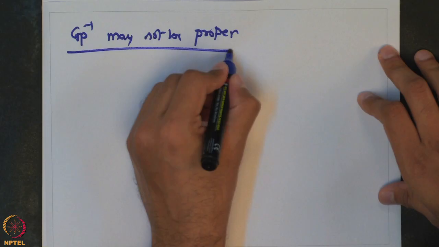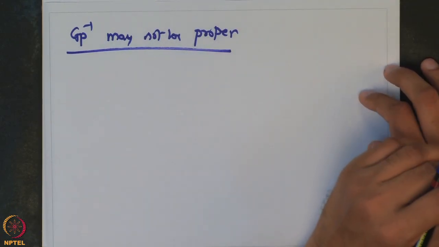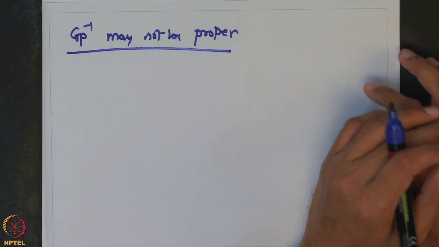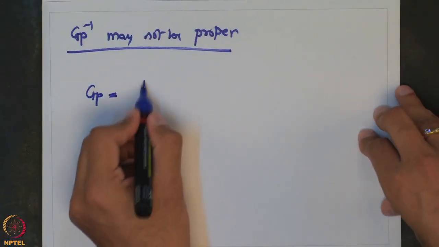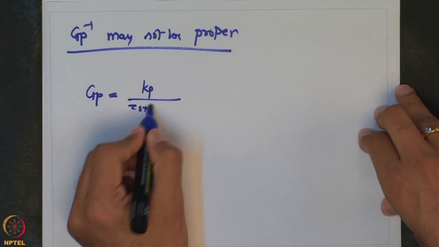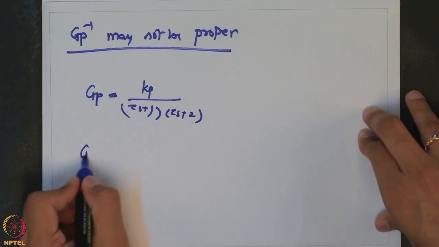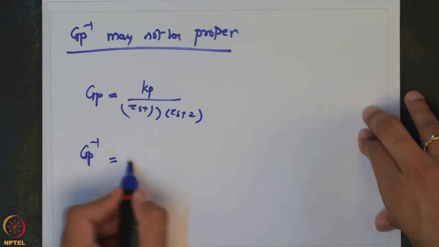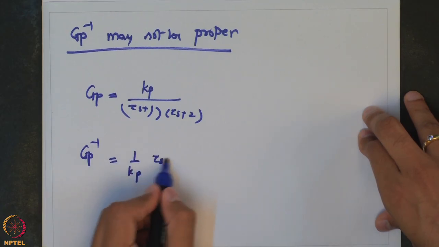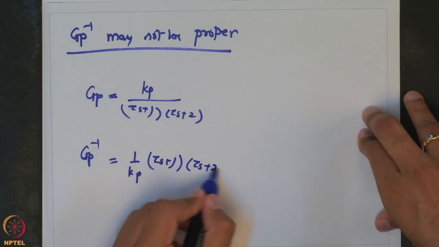What I mean by proper is a proper transfer function is a transfer function where you have the order or the degree of the numerator less than the degree of the denominator, then it can be physically implemented. If you take GP as Kp over (tau s plus 1)(tau s plus 2), a simple second order system, then GP inverse becomes (tau s plus 1)(tau s plus 2) over Kp.